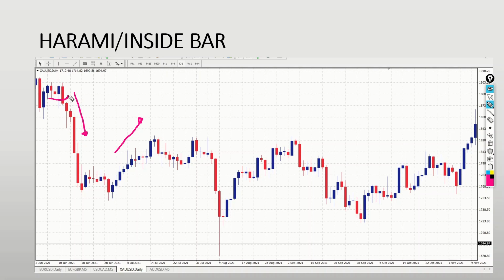So when you look here, is there a Harami? Of course, no. So when you look here, was there a Harami? Of course, we have this one. We have this one here. So you can clearly see that this previous bearish candle, which occurred in a downtrend, was covering this bullish candle. That is what we call a bullish Harami.